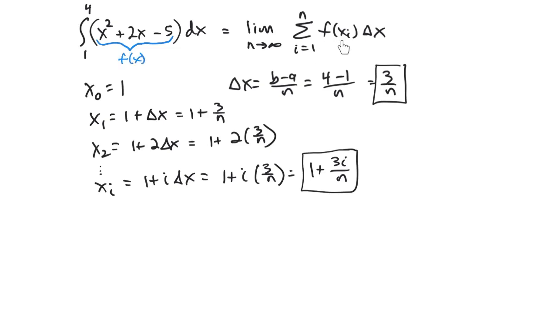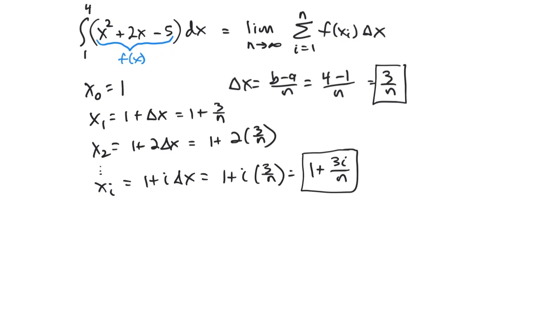So for f of x sub i, we're going to plug x sub i in for all of these x's. And x sub i, what is that? That's right here. So we're going to have to plug this in, x sub i, into these x's. And then delta x is right here, 3 over n. So to integrate this, we need this.